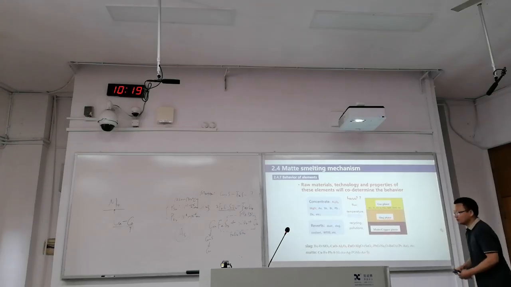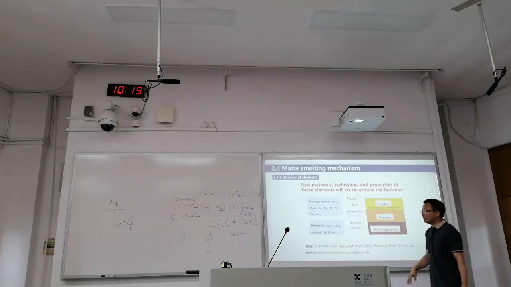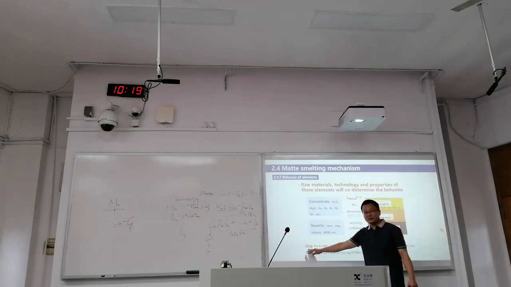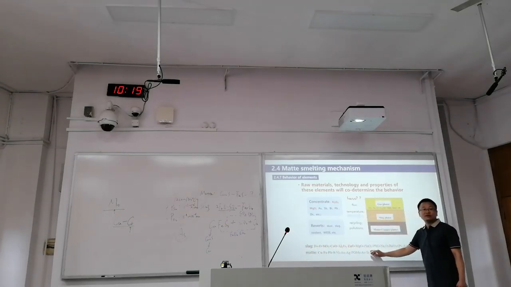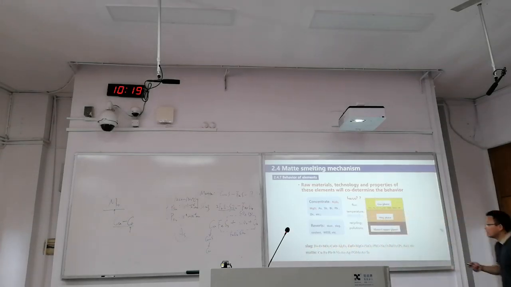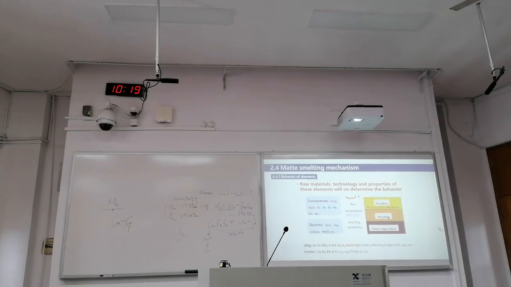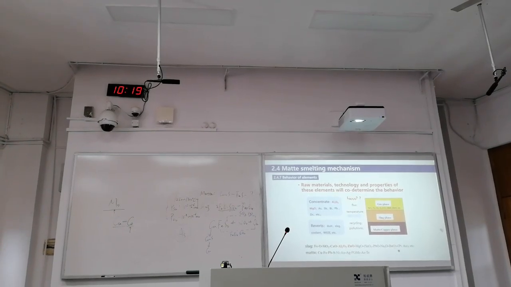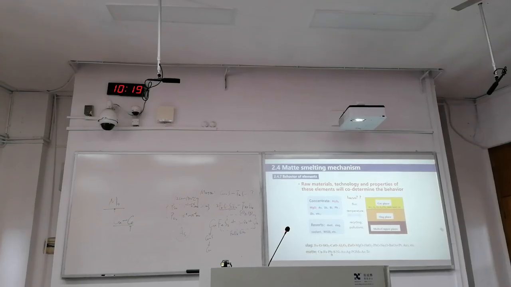But before today, we have been studying a lot of information about the slag phase. And the most interesting part will be how we know those partial behaviors. And here, I have put something. Besides the dominant elements, copper, iron, lead, sulfur, we have PGMs, and we have arsenic as well.